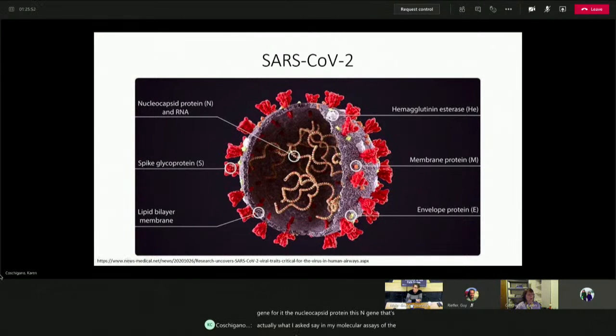And so the nucleocapsid protein actually coats the RNA and helps package it inside the virus particle. I'm not assaying the protein, I'm assaying the sequence in the RNA that would encode that protein.